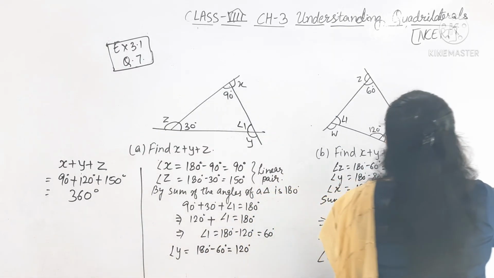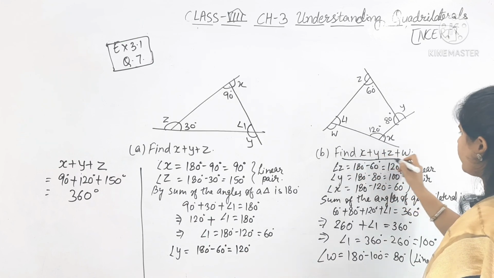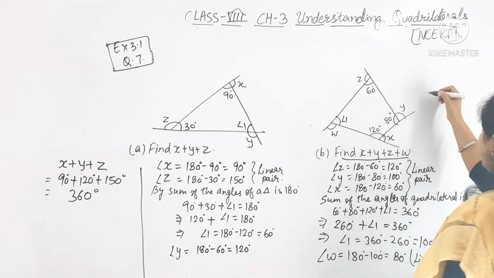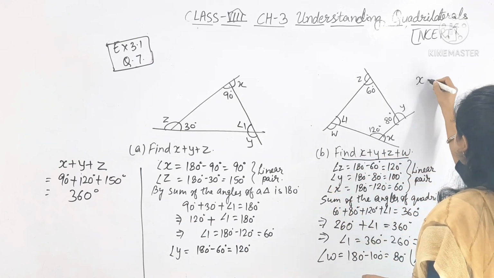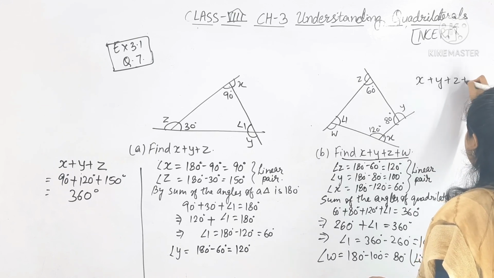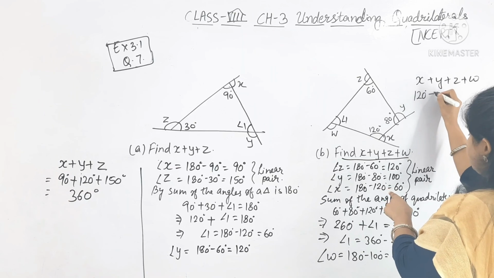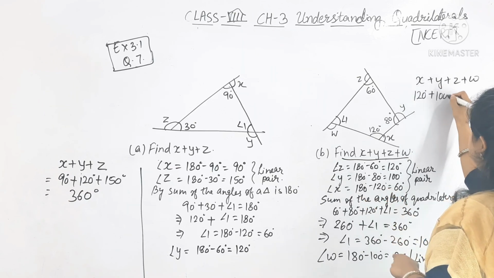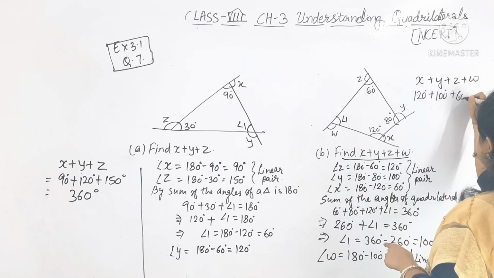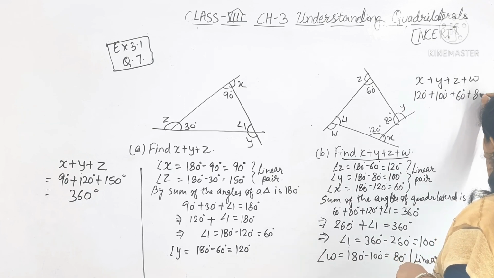Now what we have to find is x plus y plus z plus w. So we had calculated this: x is 120, y is 100 degrees, z is 60 degrees and w is 80 degrees.